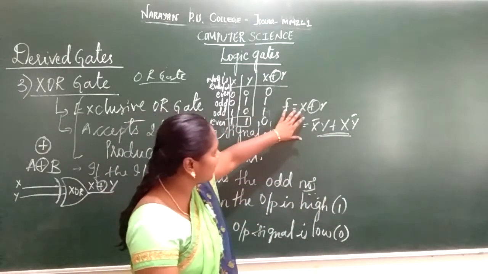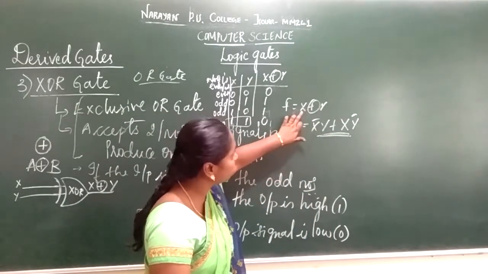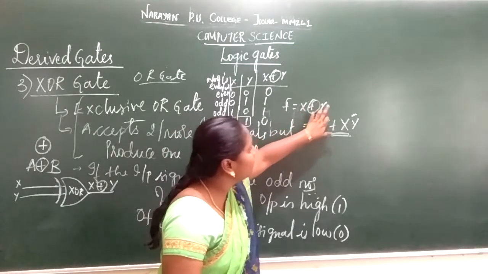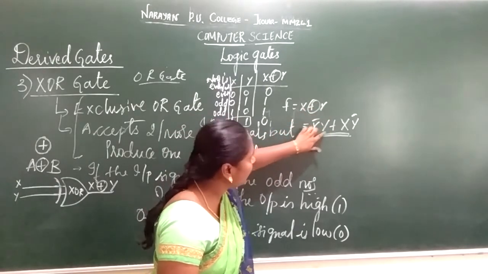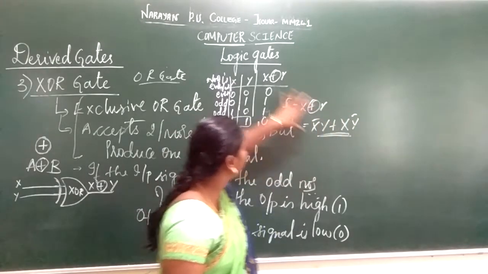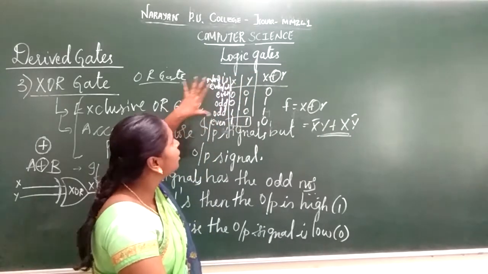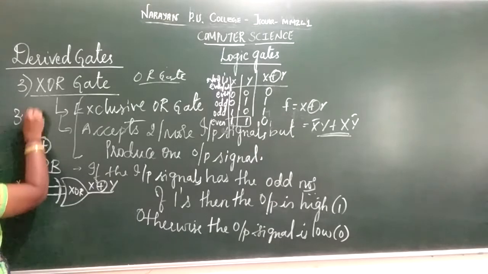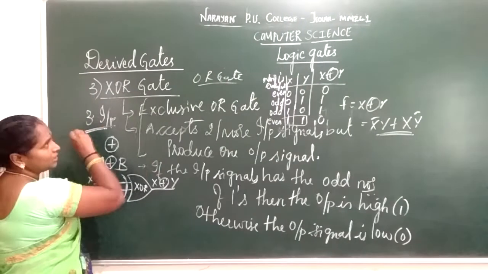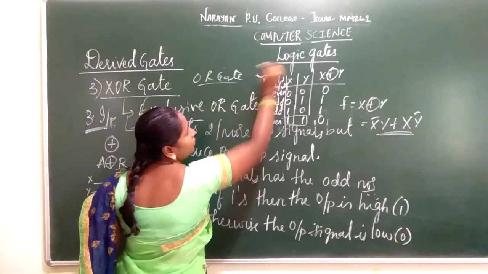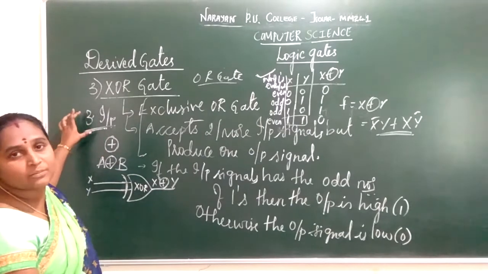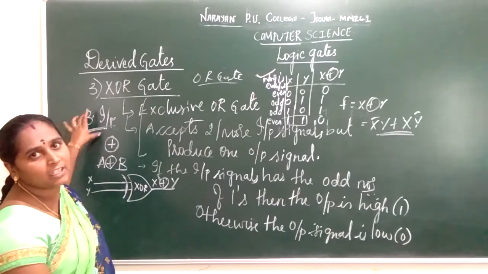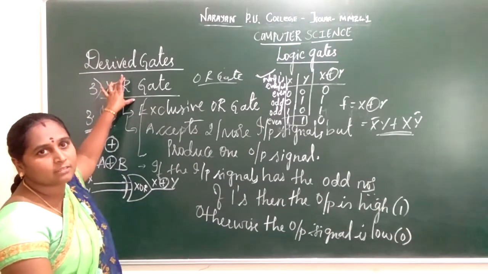How you get this: X exclusive of Y can be written as X bar Y plus X into Y bar. That I solved in yesterday's class. Today's class we will discuss the 3 input XOR gate.